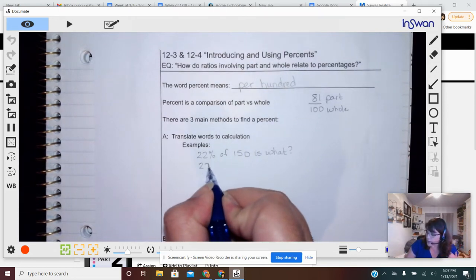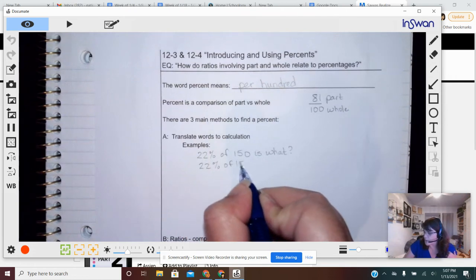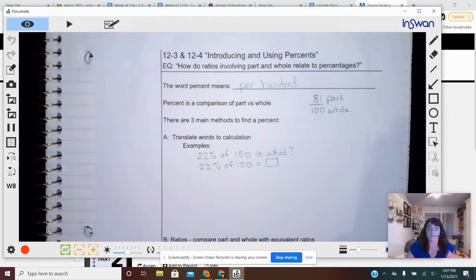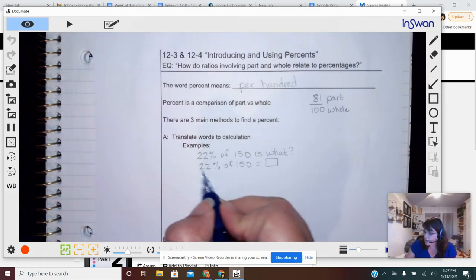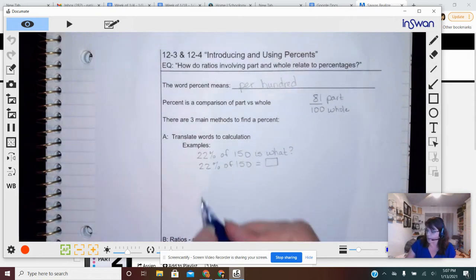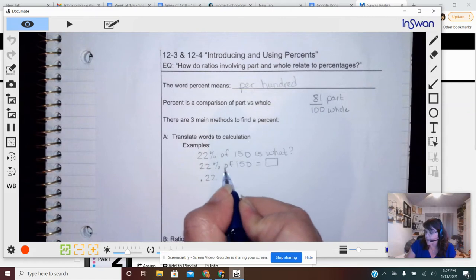Well, 22% of 150 equals something. So how do we translate that into a calculation? Well, 22%, because I know that's 22 over 100, is 22 hundredths.